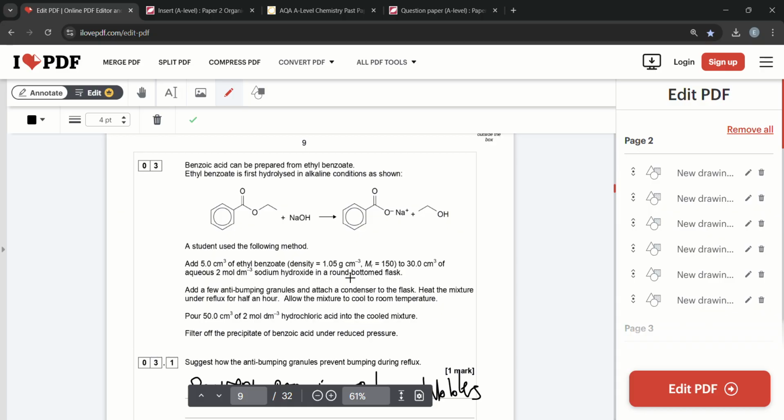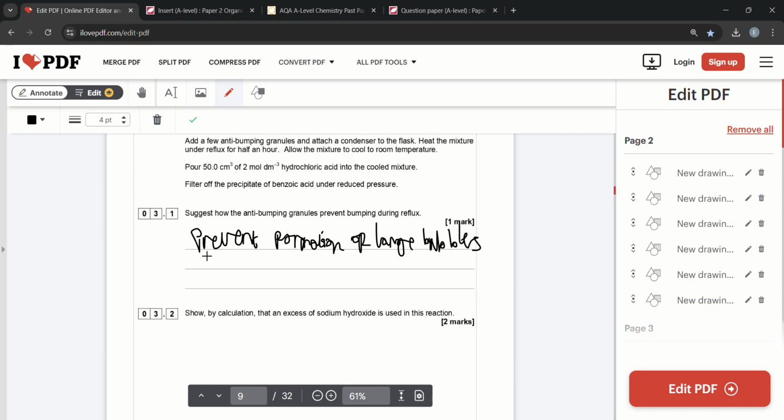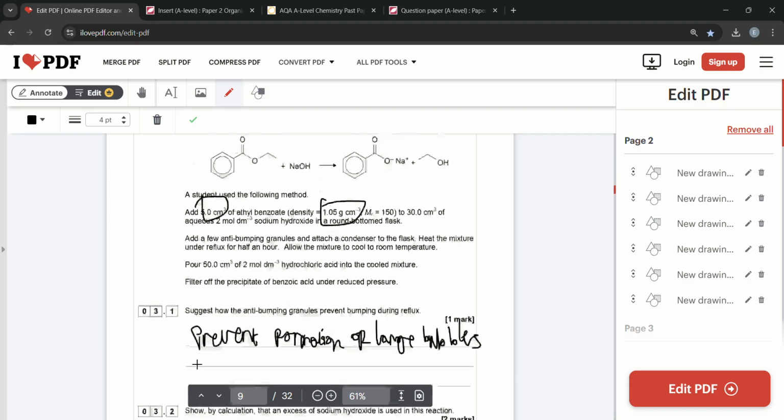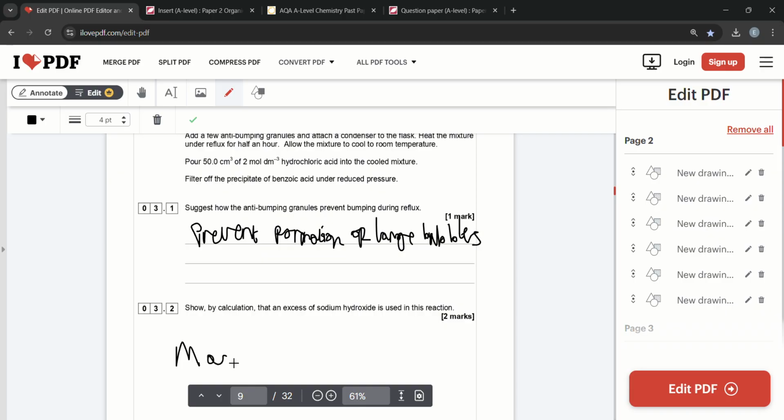We need to find the mass, density of mass of volume. Mass is going to be density times by volume. That's of the ester.